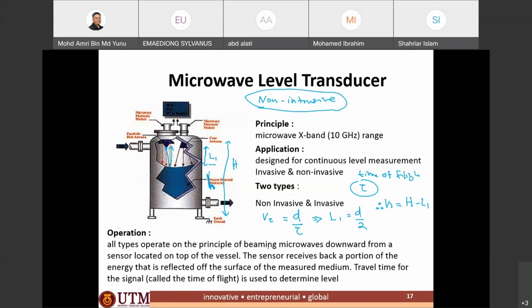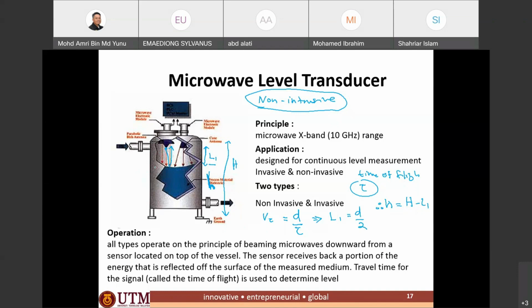It operates on the principle of beaming microwaves downward from a sensor located on top of the vessel. The source is in line with the sensor, and when the microwave signal or energy is transmitted downward, it reaches the surface of the liquid, and then the echo bounces back.